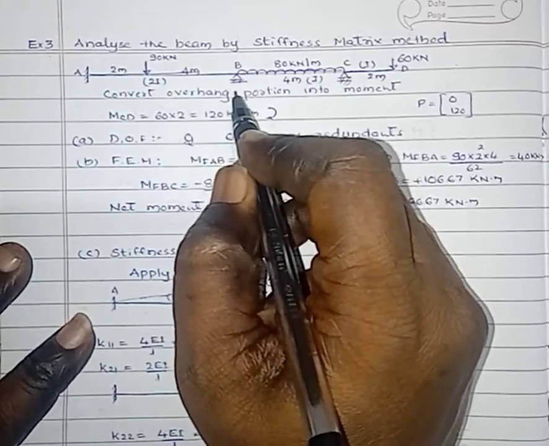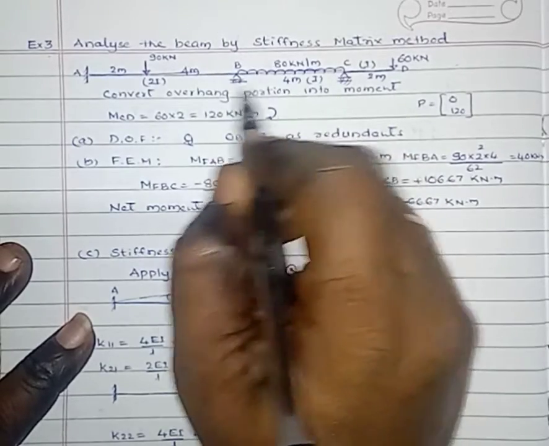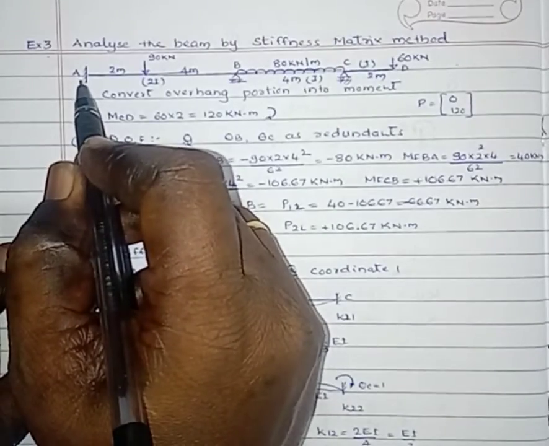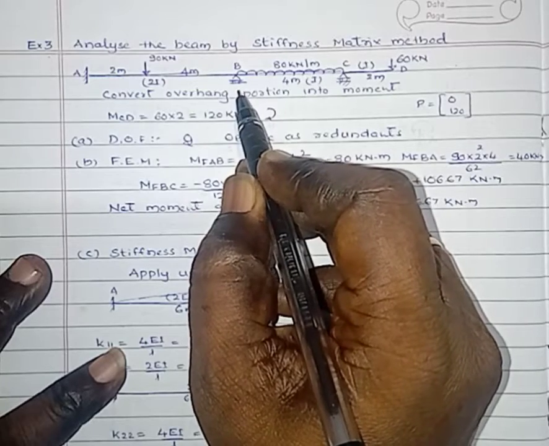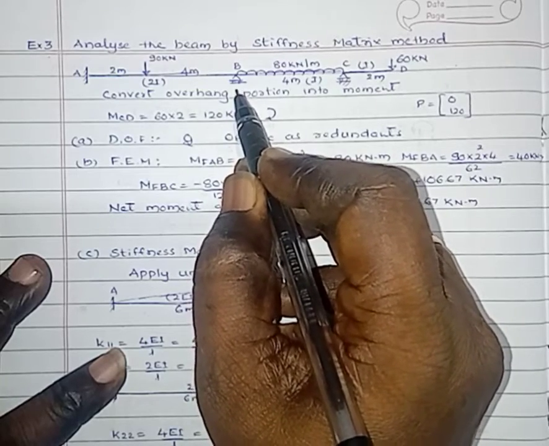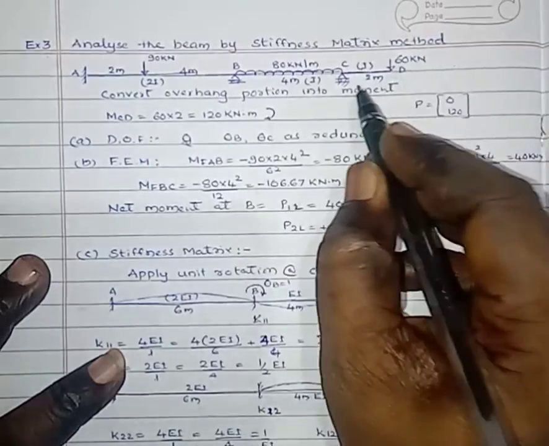There is no movement in the direction of the roller support since this end is fixed. Then theta B is one degree of freedom at B.